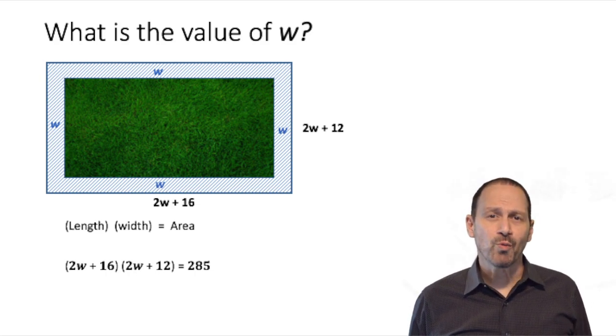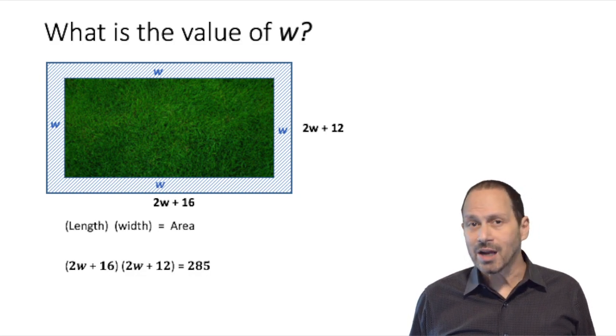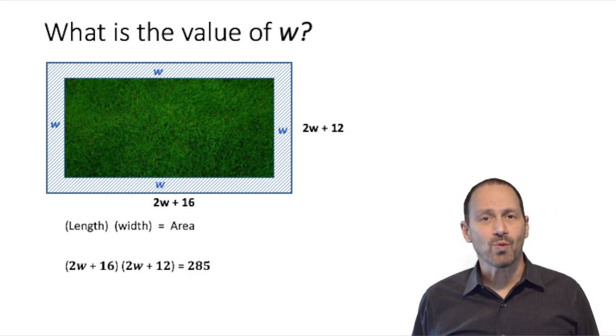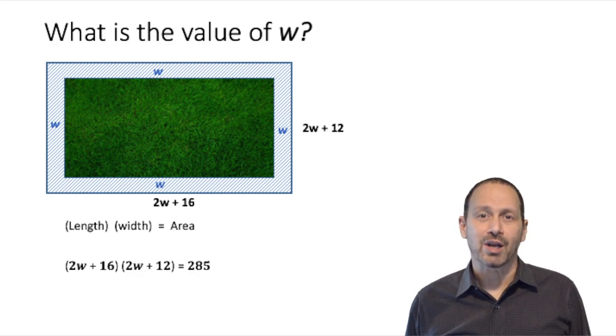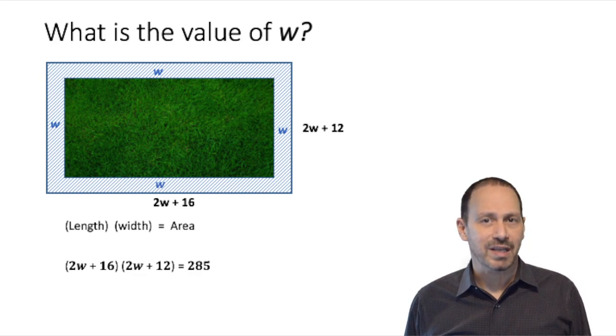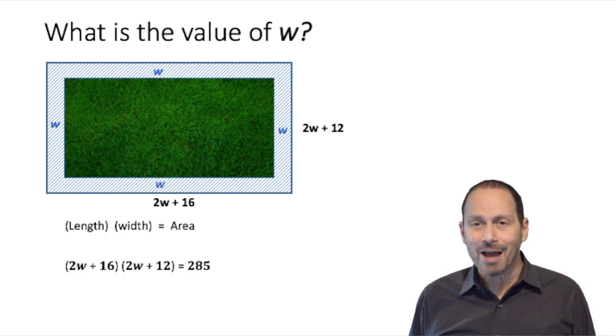Now, because we know that the area of a rectangle is calculated by multiplying the length times the width, and because we know the quantities that represent each one of those dimensions, we can establish the equation as 2W plus 60, which is the length, multiplied by 2W plus 12, which is the width, equal to 285.